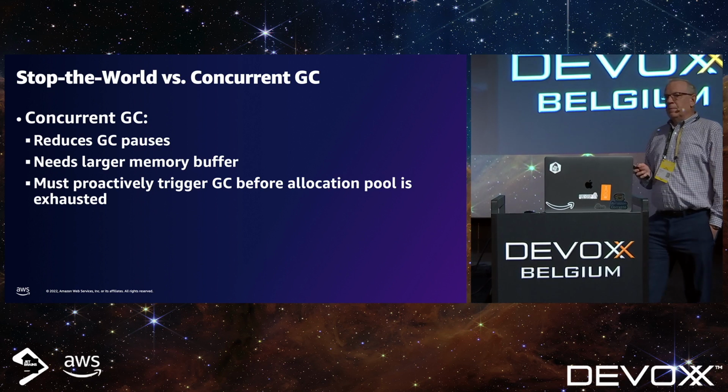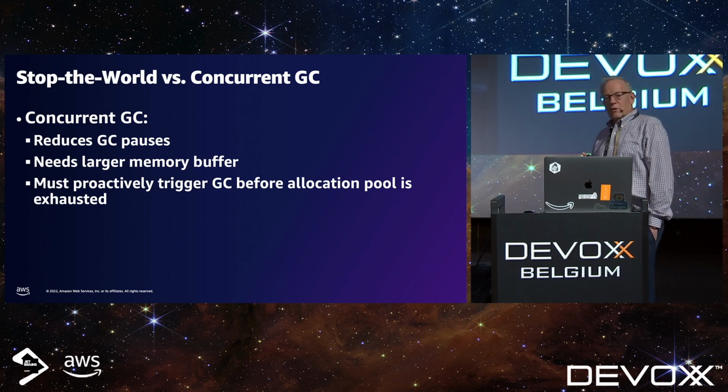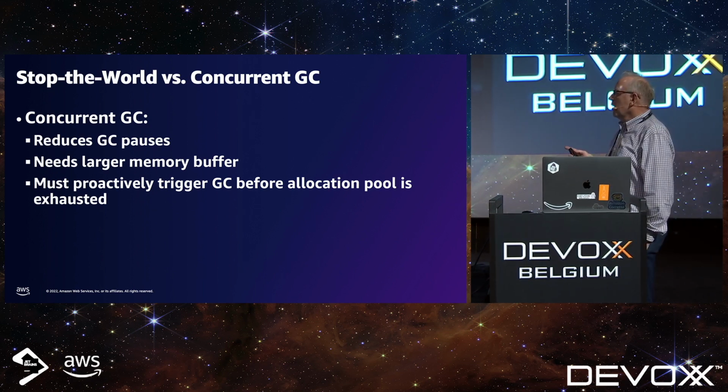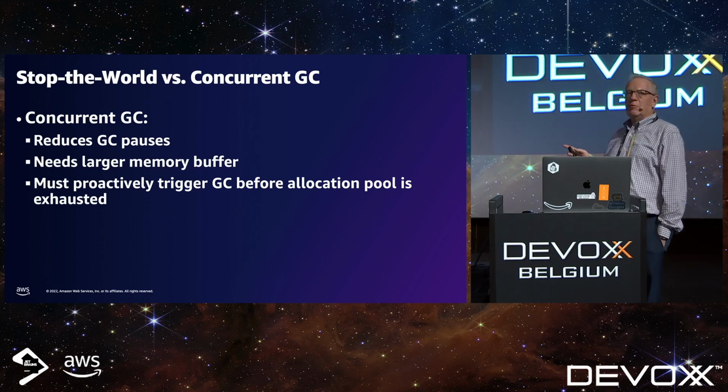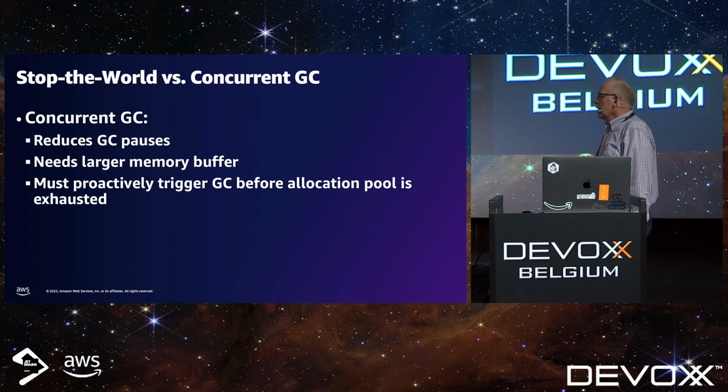Based on what I've just told you, I want to summarize. The benefit of concurrent GC is that it reduces GC pauses. But there are some trade-offs here. It needs a larger memory buffer, and I'll explain that in a minute.